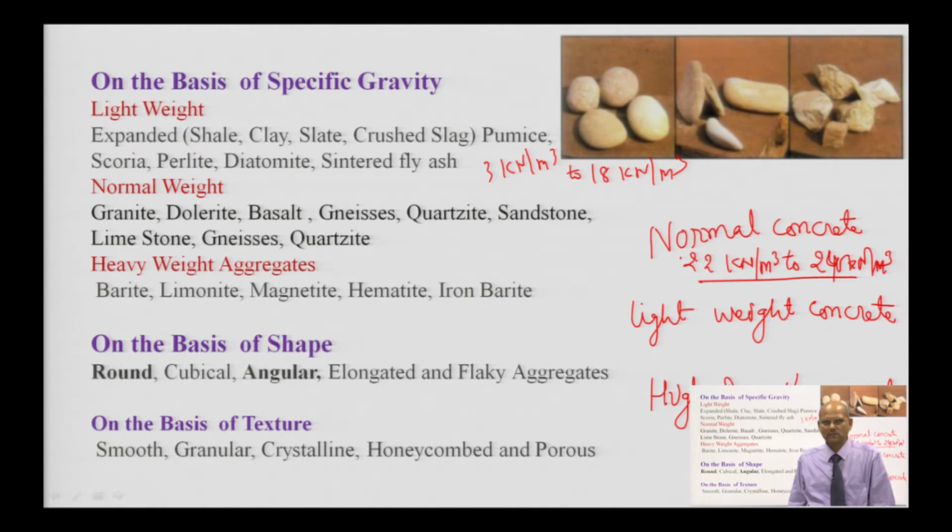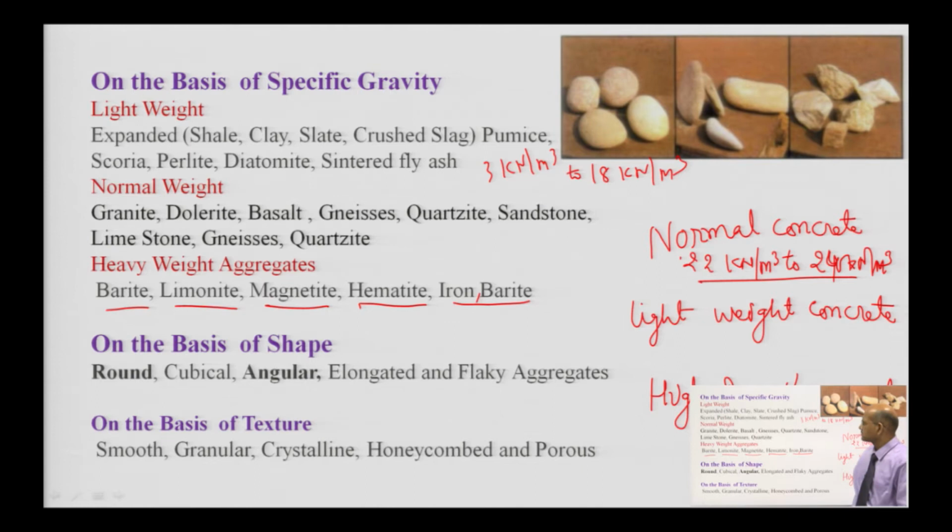So, a wall of sufficient thickness should be there, and you have to use a dense aggregate. In that case you can use barite, limonite, magnetite, hematite, iron barite, or even iron pieces. Iron and barite can be used as heavyweight aggregate.